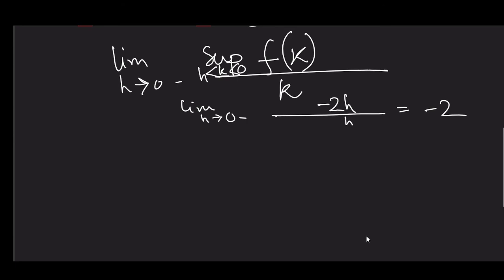In a similar way you can calculate the other part; you just have to replace the supremum by infimum. If I have to calculate D plus f of naught, this is actually talking about the infimum.